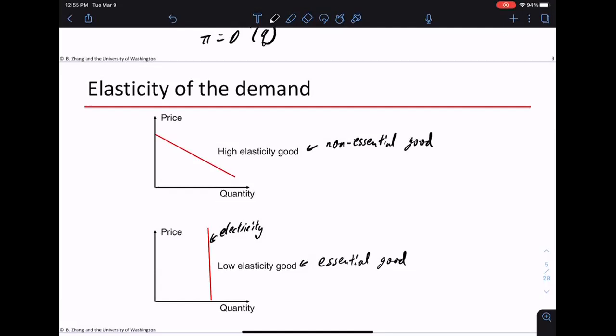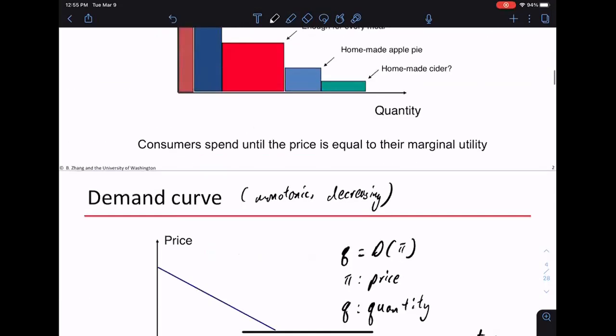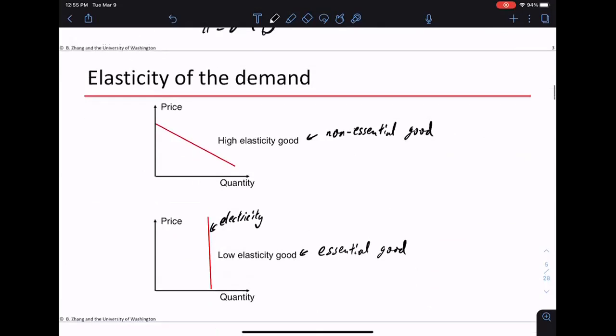So you think about what makes high elasticity. For example, the example we use, apple, has fairly high elasticity, a very gentle slope, if your commodity is apple, whereas electricity is very sharp.